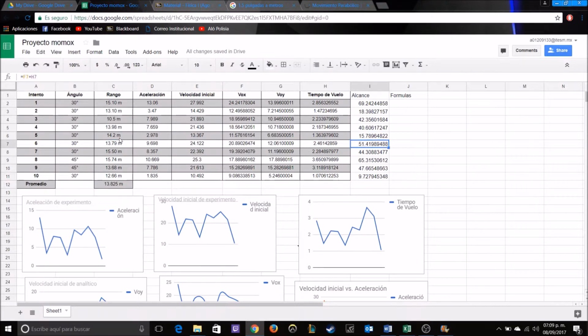But in this one you can see that it's not very accurate, so I don't think it's really accurate.